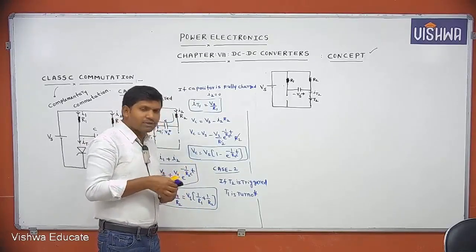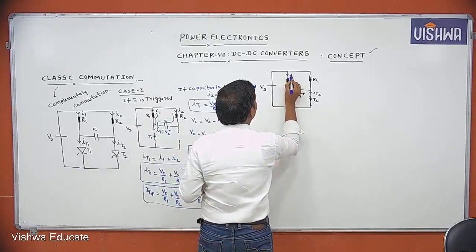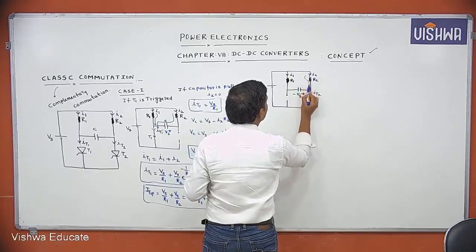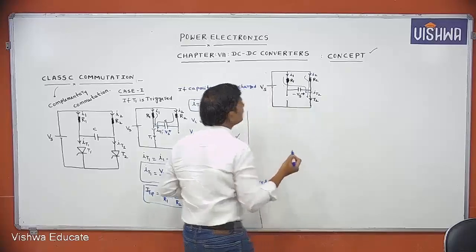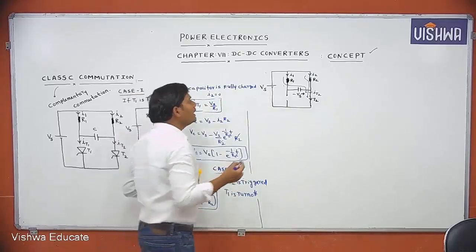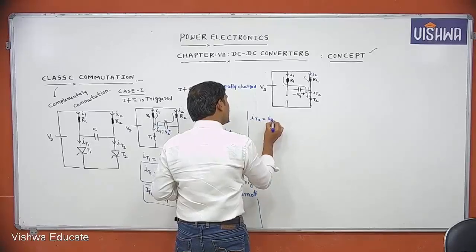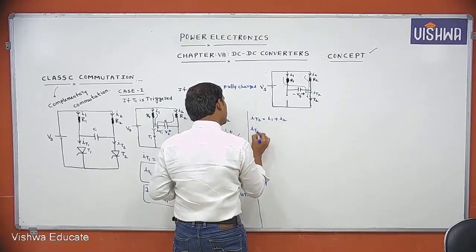Again two currents are passing through T2: this is the I1 current and this is the I2 current. So IT2 is equal to I1 plus I2.